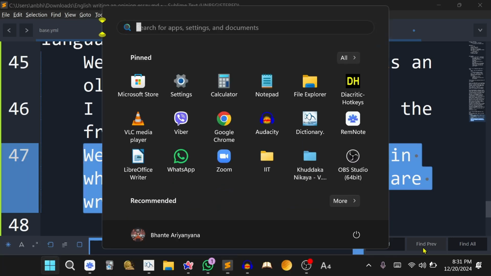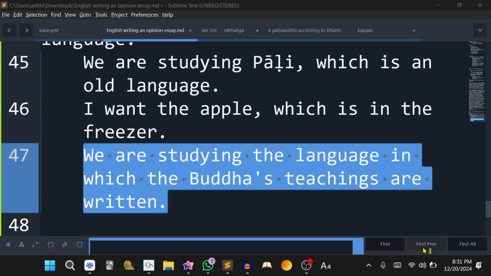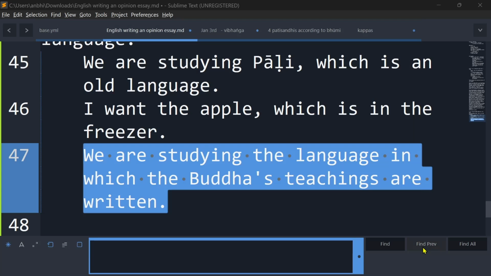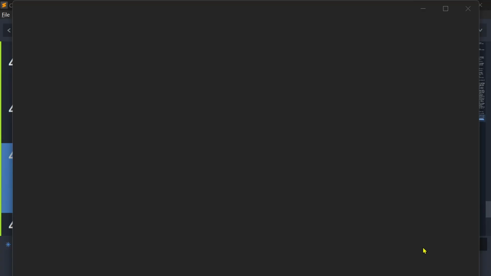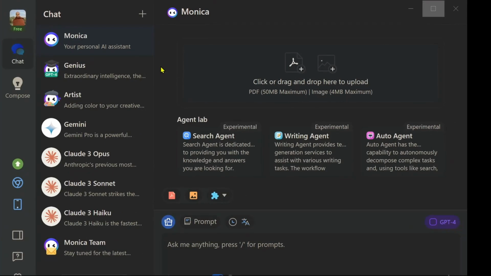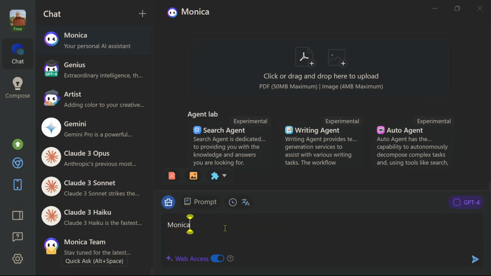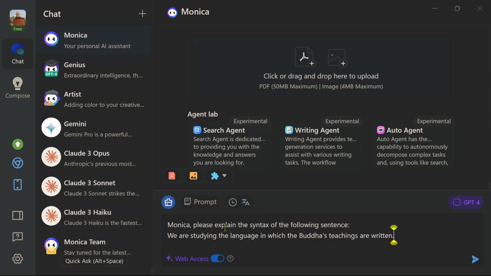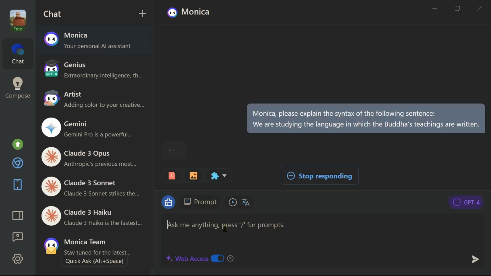Okay, let's ask the computer. Monica? Please help me, Monica. Do you know Monica? No? You don't know Monica? My attendant, my upataka? Maybe Google is existent. Monica, syntax is with Y, right? I don't even know how to write syntax. Please explain the syntax of the following sentence.